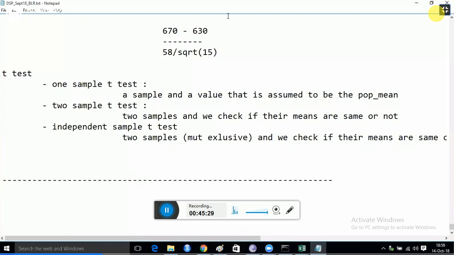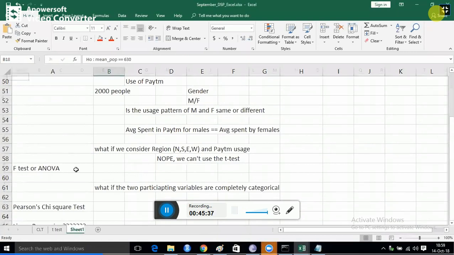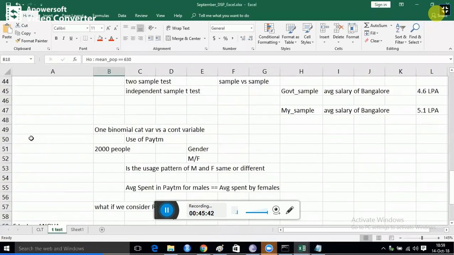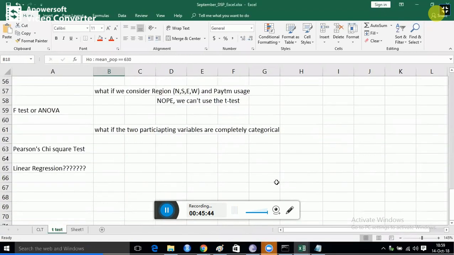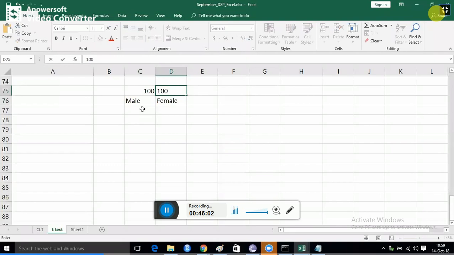Now let's look at this independent sample t-test. Everyone, please look at this. In independent sample t-test, what did I say? What do we do here? I have given this typical example, male versus female. Let's say I have 100 males and 100 females, just for simplicity's sake, an equal number of males and females, just to explain.